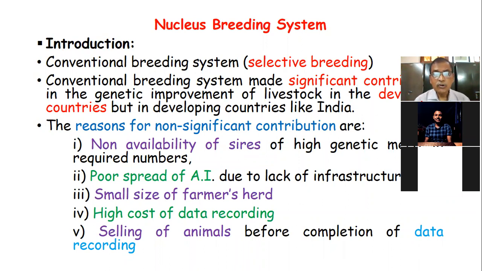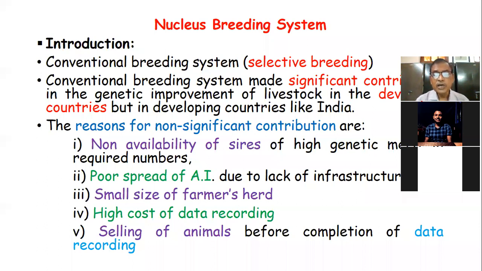So some knowledge is required. That's why trained manpower is essential for a successful artificial insemination program. That is lacking in our country.